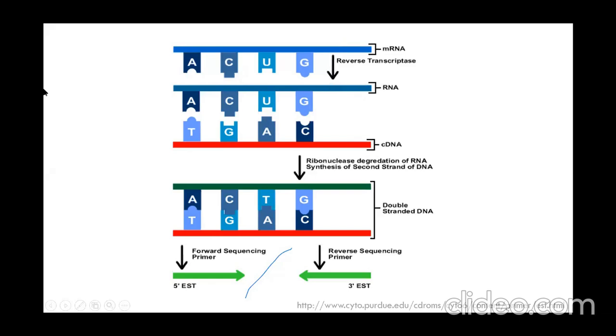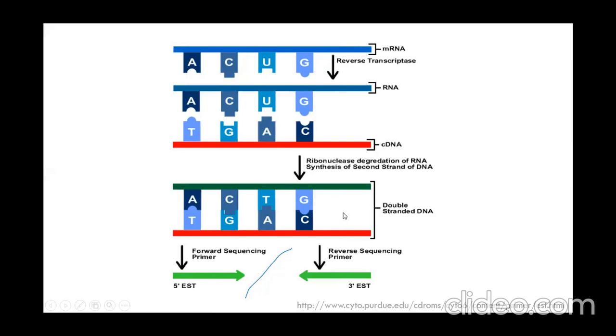Then this RNA-DNA hybrid can be treated with ribonuclease, the RNase enzyme, to degrade the RNA, and you get a single-stranded cDNA. Then with the given nucleotides, you can replicate this into double-stranded DNA. By doing so, you get a stable form of RNA indirectly, since RNA degrades easily: cDNA and double-stranded DNA.